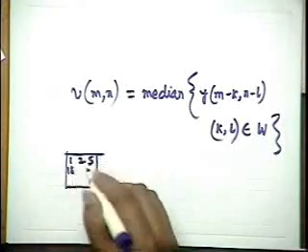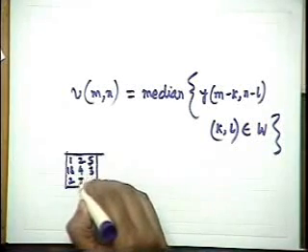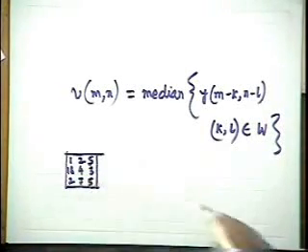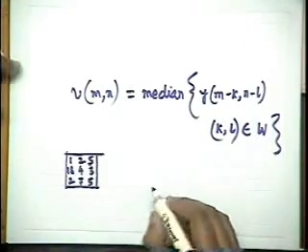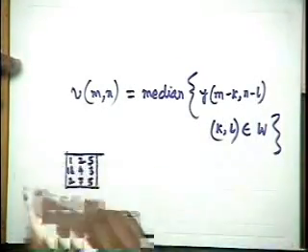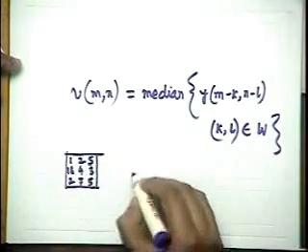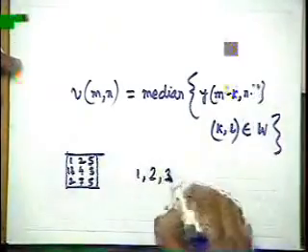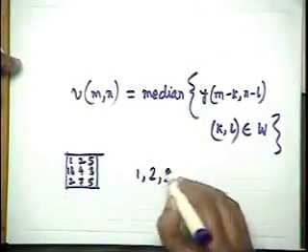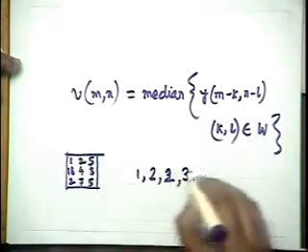Now, if I write all these intensities in ascending order, what does it result in? 1, 2, 2, then 3, then 4, 5, 5, then 7, and lastly 18.